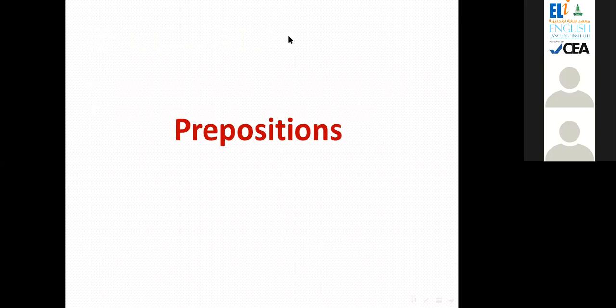Let's move to another part, which is prepositions. What do I mean by prepositions? What do you know about prepositions? Okay, so these are examples: in, on, with. All of these are examples of prepositions.